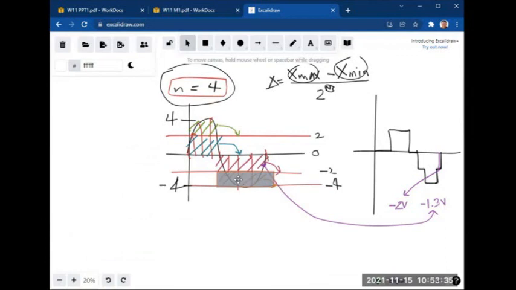So the values of the signal that will fall to the -4 quantized value will start from -2.000000001 until -4.